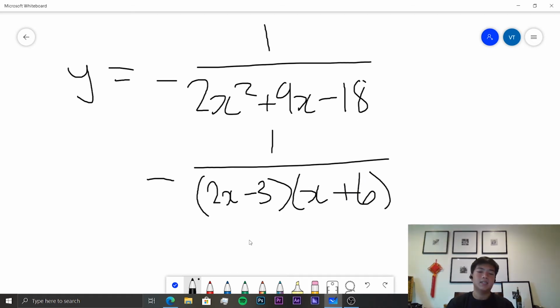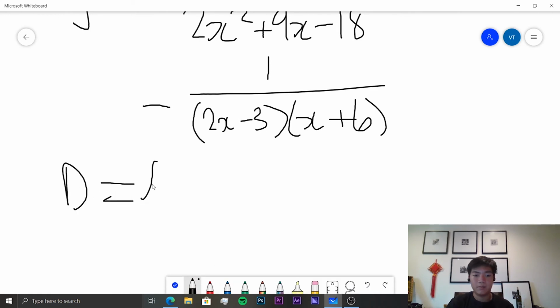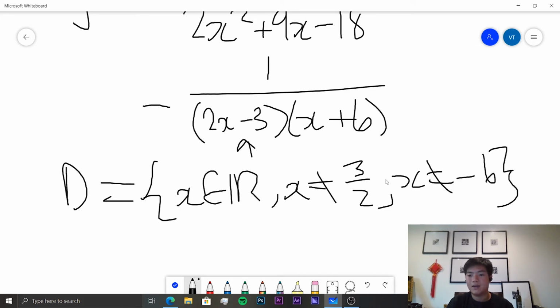And so our domain would be when x is part of the real number set and x is not equal to 3 over 2, since when x is equal to 3 over 2, 2x minus 3 is 0, and we don't want that. And also, x is not equal to negative 6, since when x is negative 6, x plus 6 is 0.